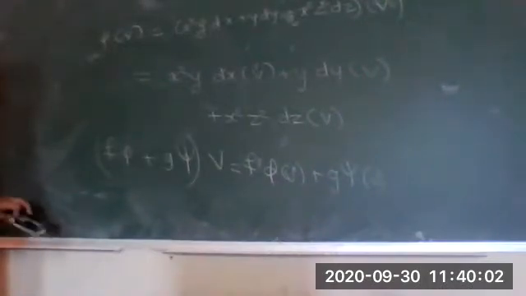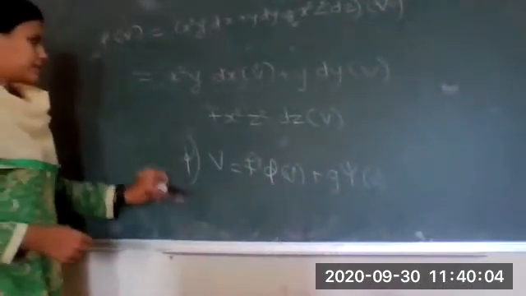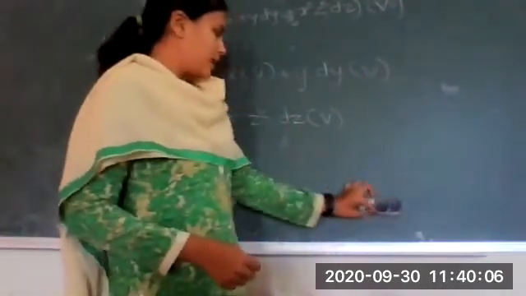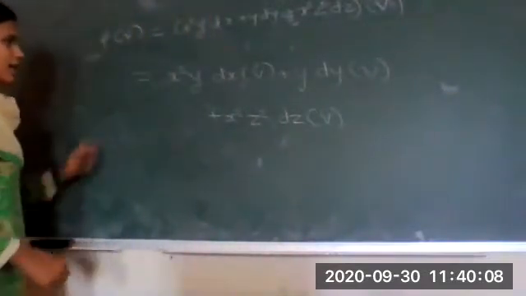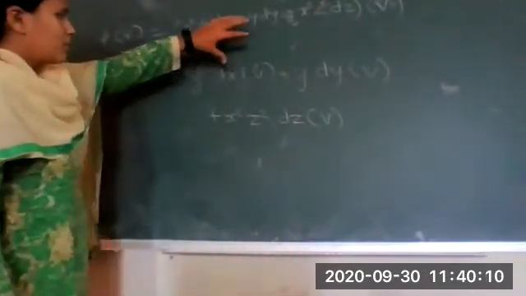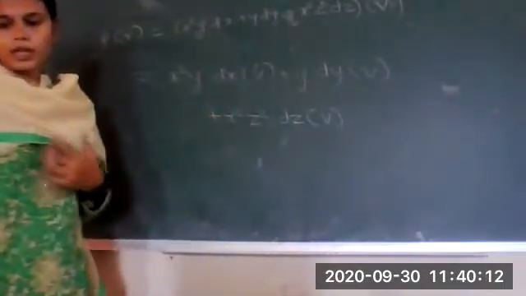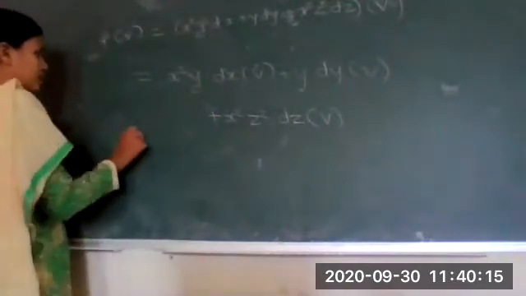So with the help of this property we have written the steps, that is we can keep a real valued function outside and we can evaluate this one form on a vector field. Okay. So how to evaluate this one form on a vector field?